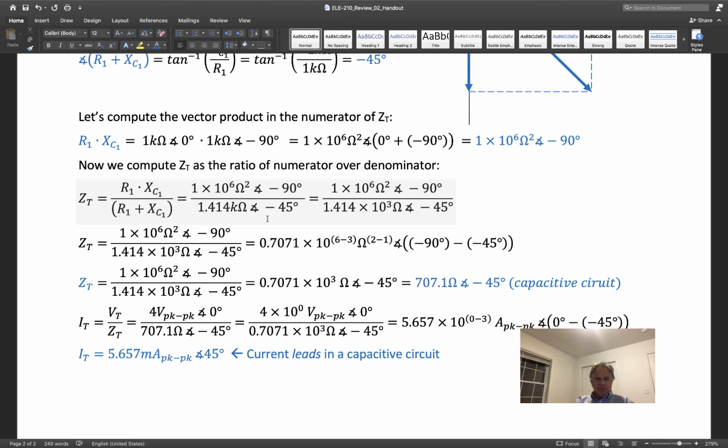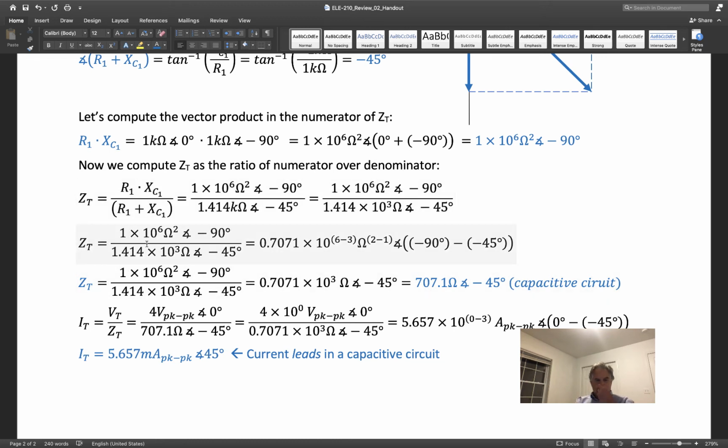Okay. Well, when you go to figure this out, we put 10 to 3 in here because this is k ohms. So you got 1 times 10 to the 6 over 1.414 times 10 to the 3. I got ohms squared over ohms. So and I've got minus 90 over minus 45.